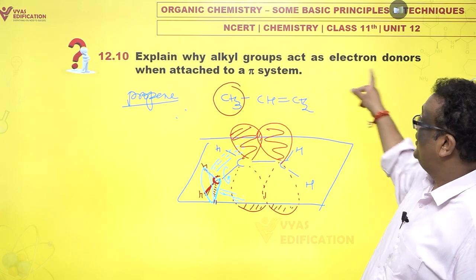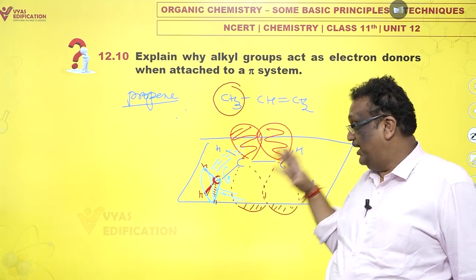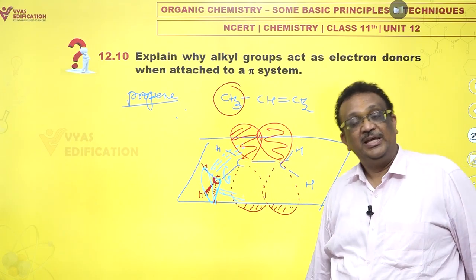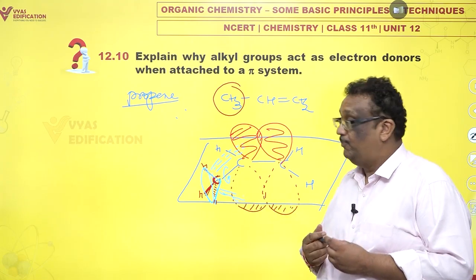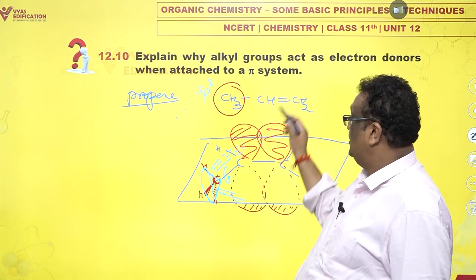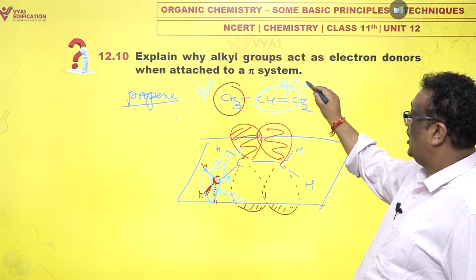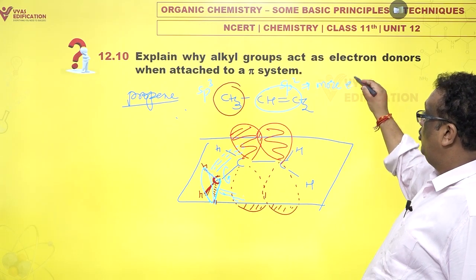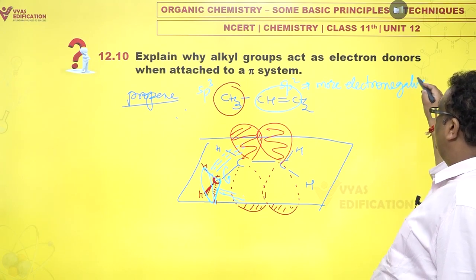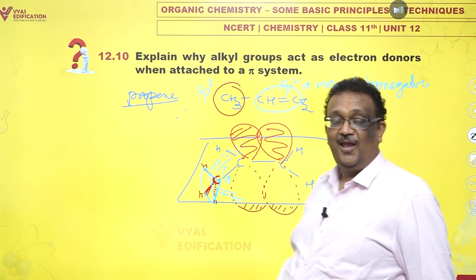And because of this overlap, why does this happen? Why is it that these electrons are attracted away from the methyl group? It is because in the methyl group, please note, CH3 is sp3 hybridized, and these are sp2 hybridized. sp2 hybridized carbon is more electronegative than sp3.